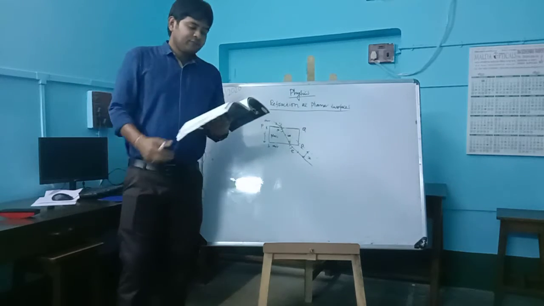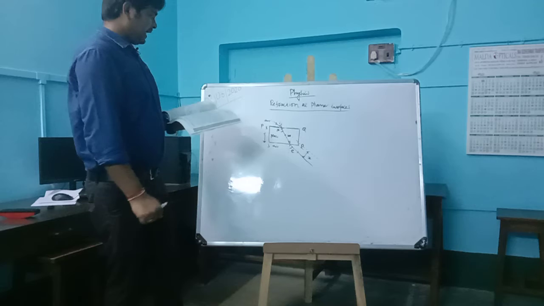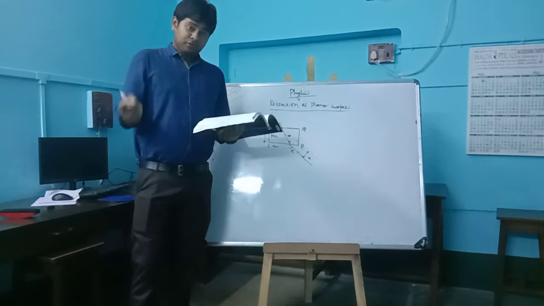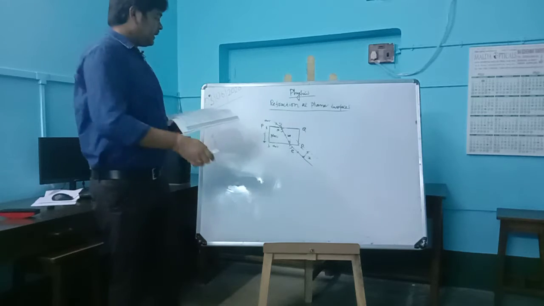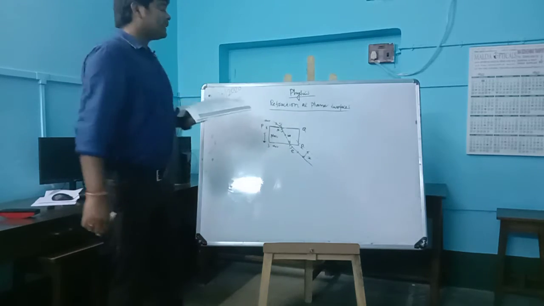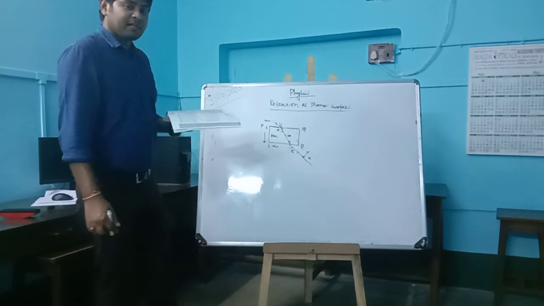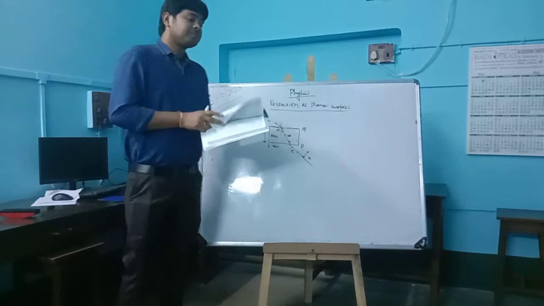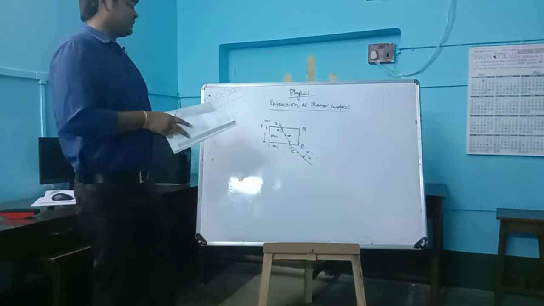Third, the refractive index of the glass. The lateral displacement also depends upon the refractive index of the denser medium. The more the refractive index of the glass slab, the more the lateral displacement. Okay, this is the refraction at a parallel glass slab.